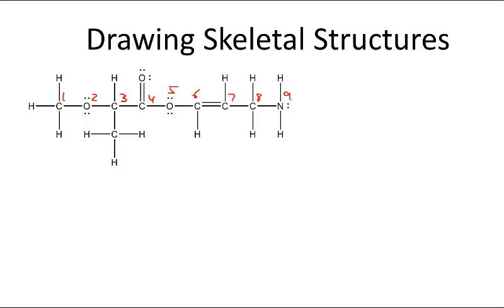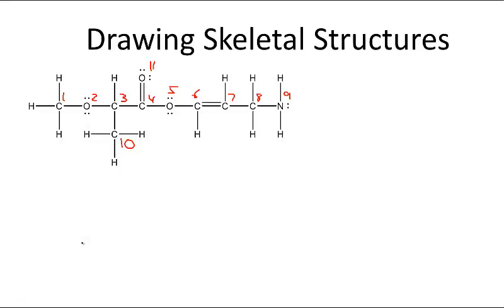So if I'm going to draw this molecule, I'm probably going to have a jagged chain that's going to have 9 vertices. A couple of those are heteroatoms. And then I need to have this CH3 group, which we call a methyl group. I'll call that 10. And then this oxygen with a double bond, I'll call that 11.